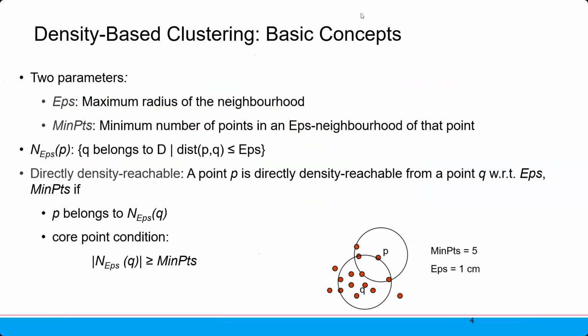In the formula, we have the N_EPS(P). It is the number of points in the EPS neighborhood, where P is a particular point. We want to know any other point which is inside of the EPS.